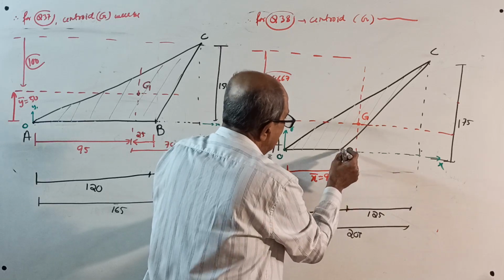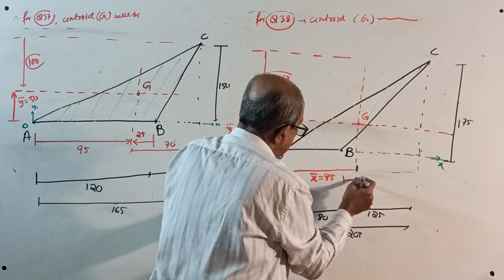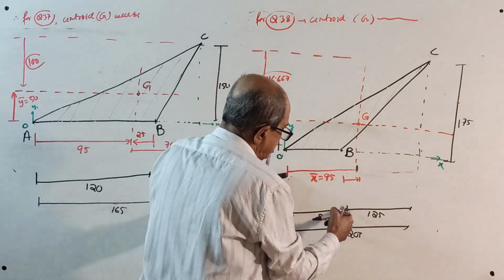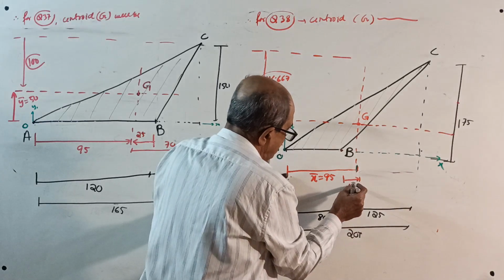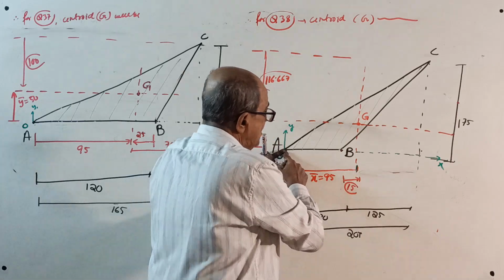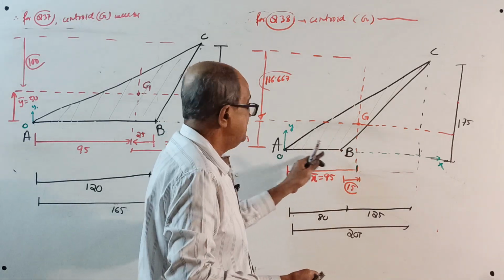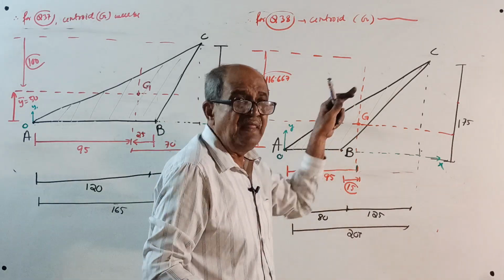If somebody will ask how much from here means, it is to right side of I. From 95 subtract 80, it is 15 calculated. From here you have to go by 95, you have to cross the point B. From here you have to go by 80, another 15.